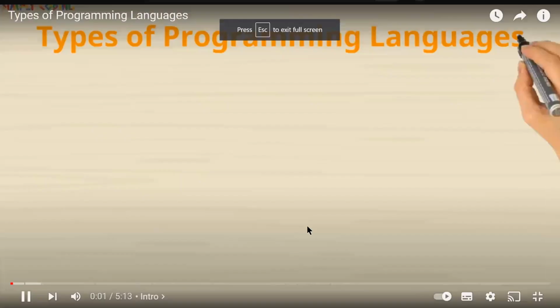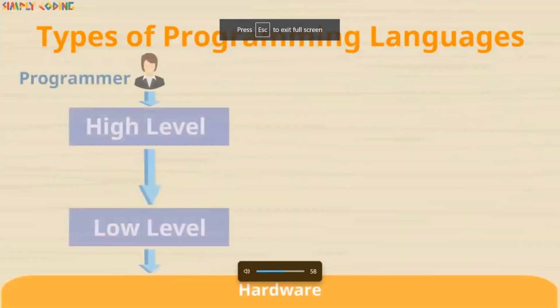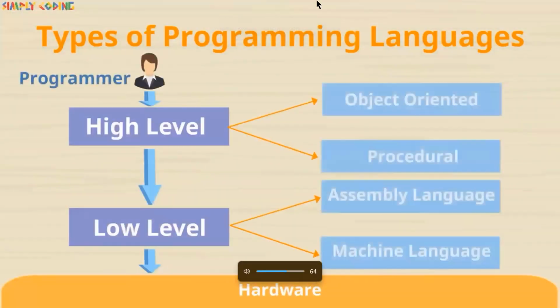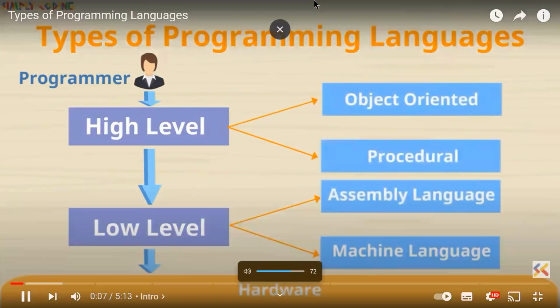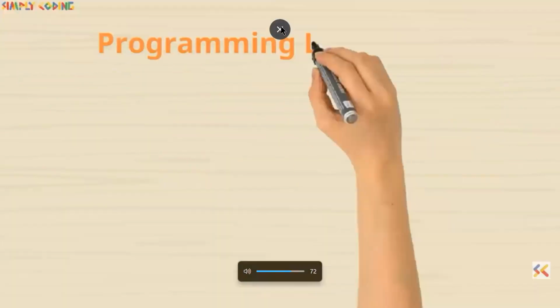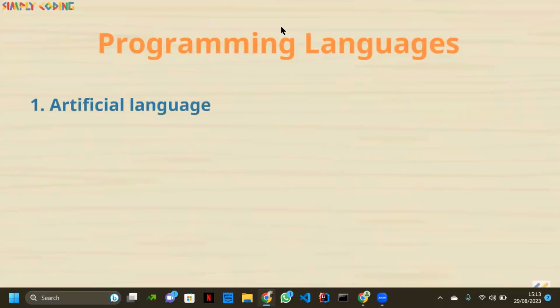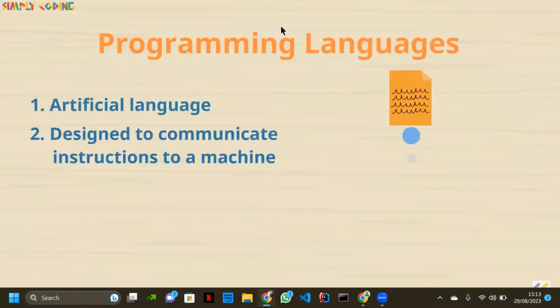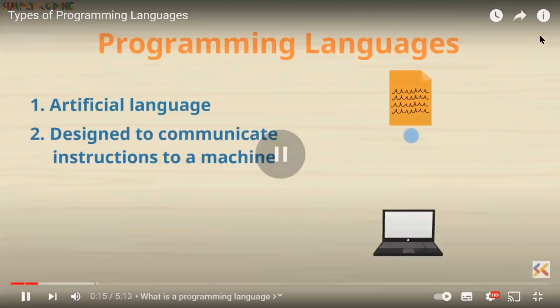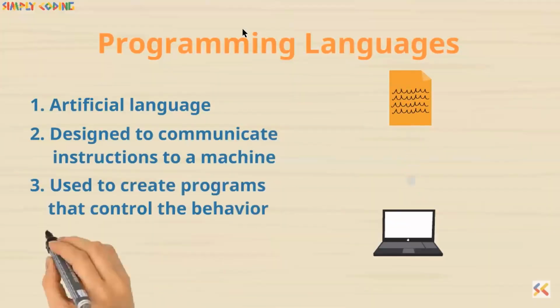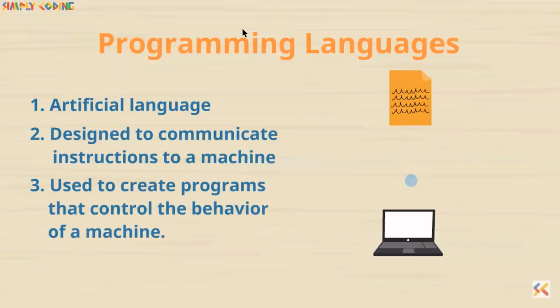Hello, in this video, we are going to explain to you what are the different types of programming languages. A programming language is an artificial language designed to communicate instructions to a machine, particularly a computer. Programming languages can be used to create programs that control the behavior of a machine.